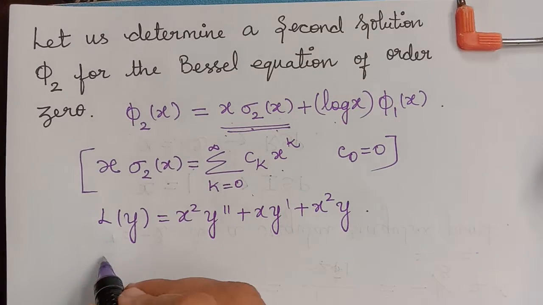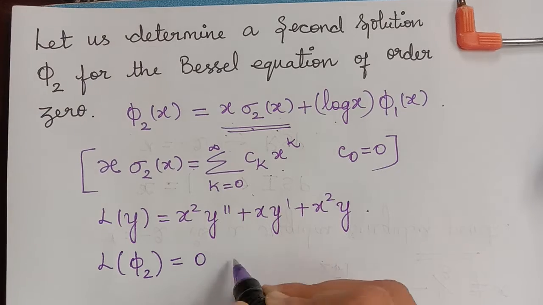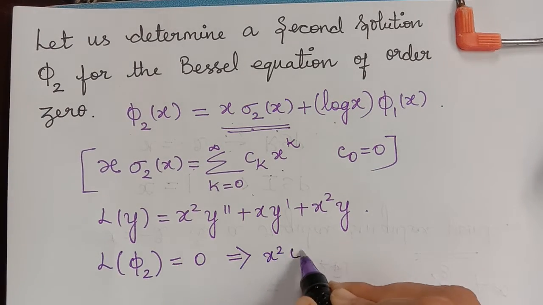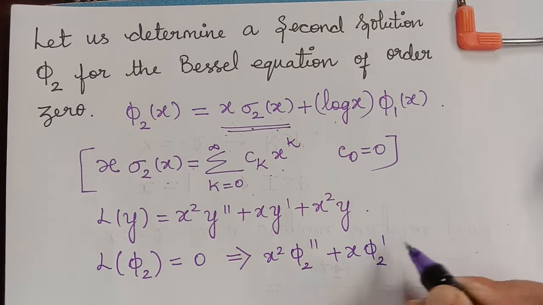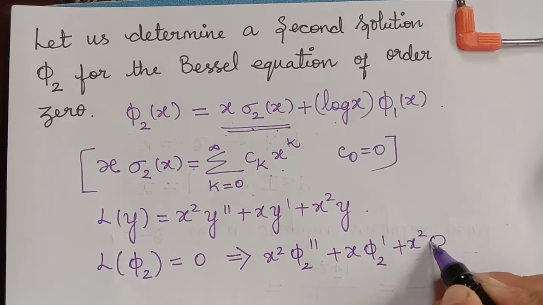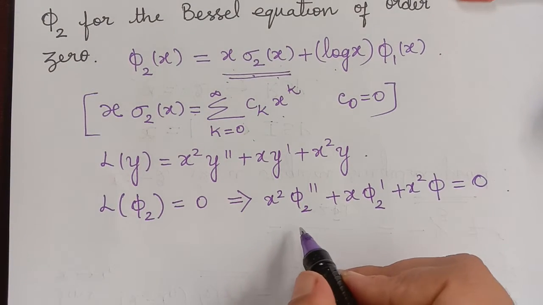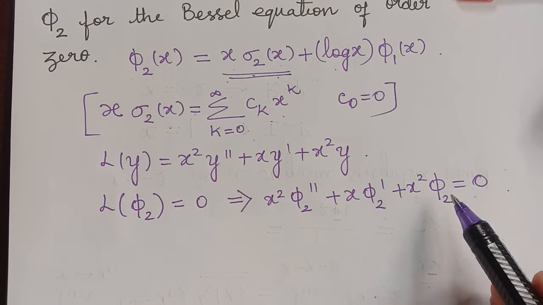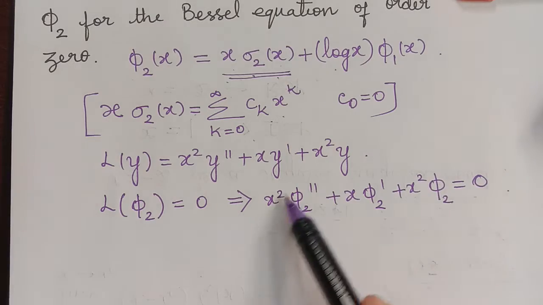Because phi 2 is a solution of this, L of phi 2 will be equal to 0, which implies x squared phi 2 double dash plus x phi 2 dash plus x squared phi 2 is equal to 0. Now we shall find phi 2 double dash, phi 2 dash and phi 2, and substitute in this equation.